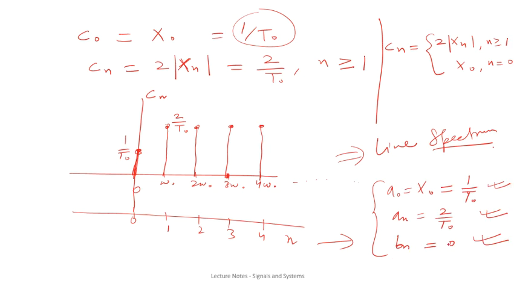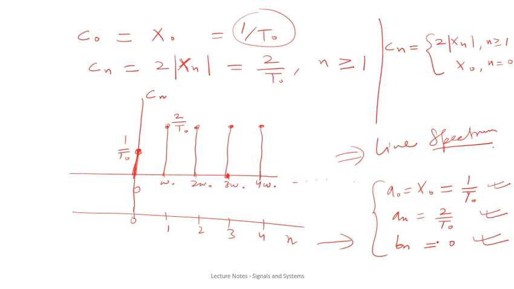So this is how the problems pertaining to the exponential Fourier series are solved. We have discussed both the trigonometric Fourier series as well as the exponential Fourier series. We'll also try to solve maybe 1 or 2 more numericals based on this Fourier series. This was the continuous time Fourier series.